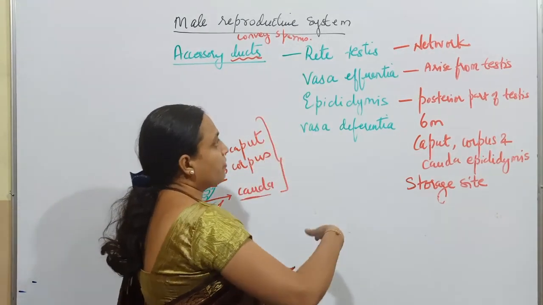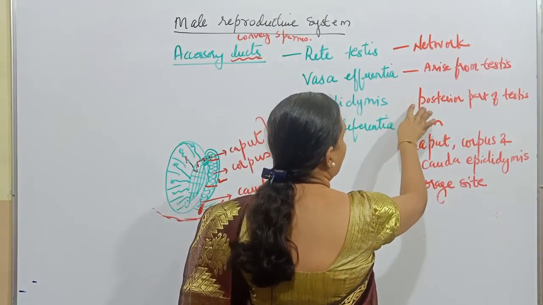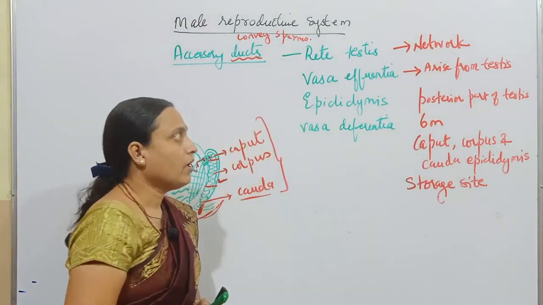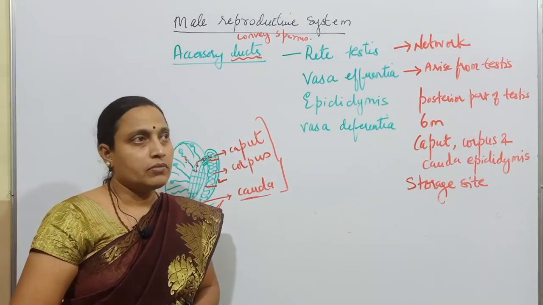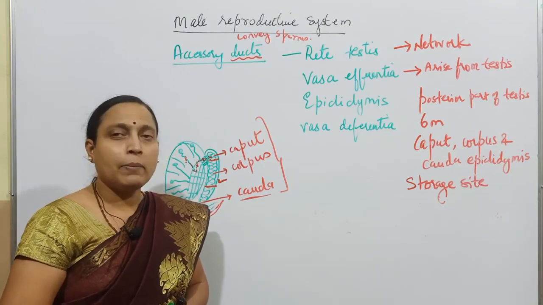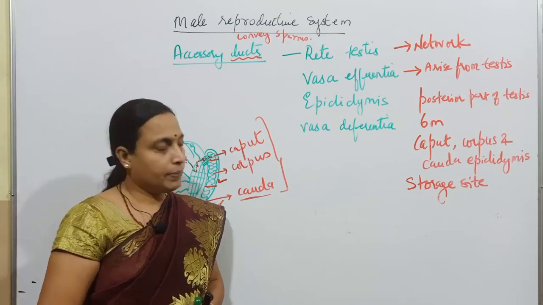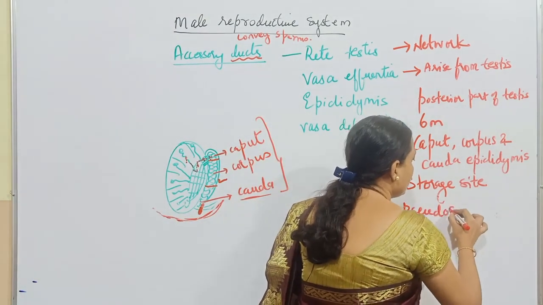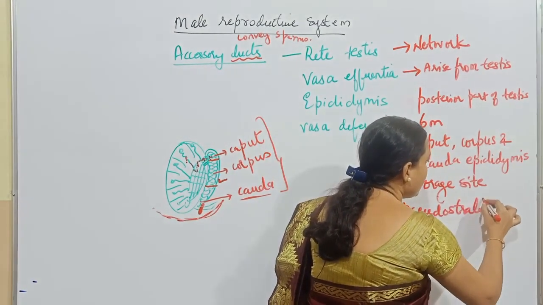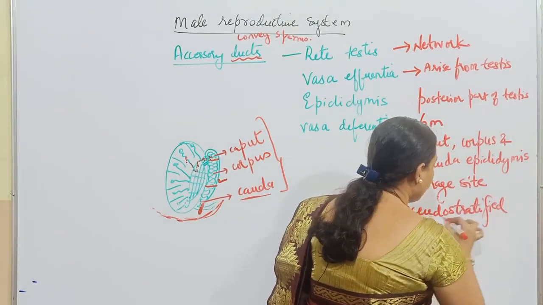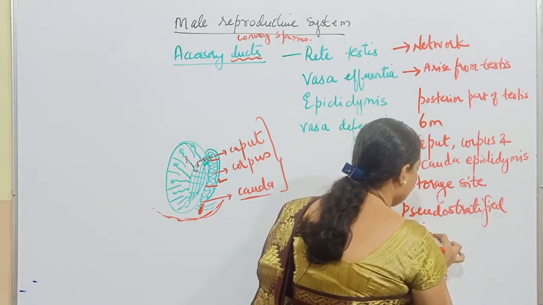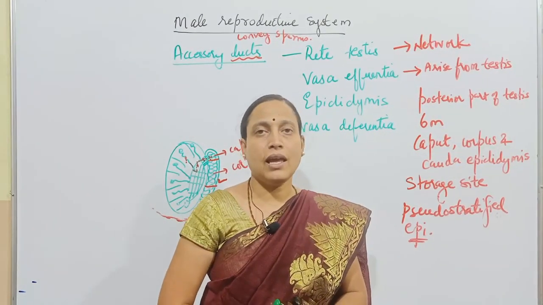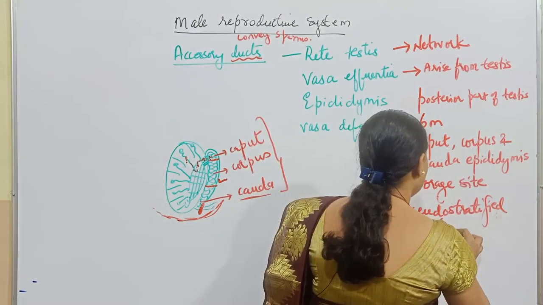So these are some of the points for epididymis. Then, what is the type of epithelium that is present in epididymis? Epididymis is lined by pseudo-stratified epithelium, and the type of cilia present in the epididymis is stereocilia.